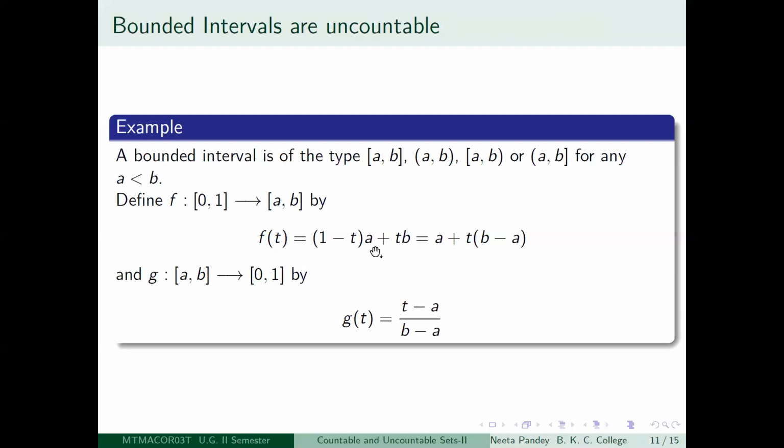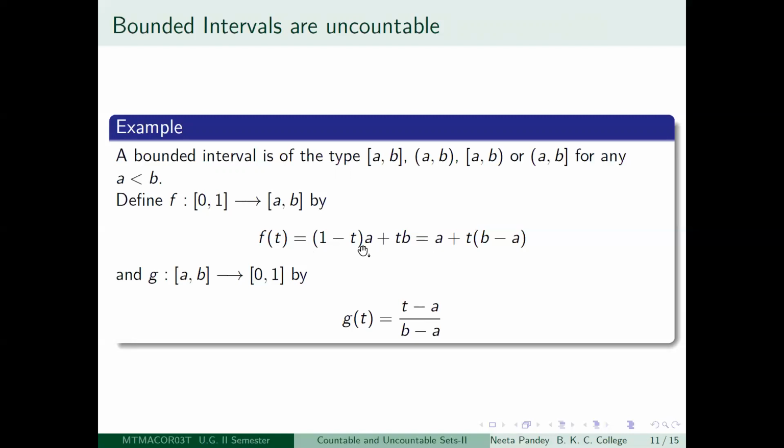So that is just this particular expression, the division of the line segment in two parts, 1 minus t is to t. From there you get this formula. So f(t) you define to be (1 minus t) times a plus t times b. So what is f(0)? f(0) is going to be a and f(1) is going to be b. That is clear from here, and this is actually a bijective mapping, so I have specifically written down its inverse.